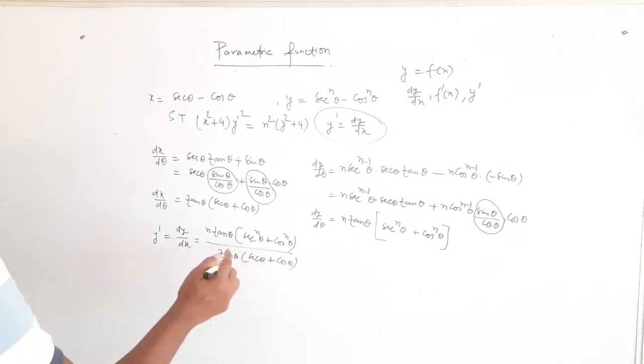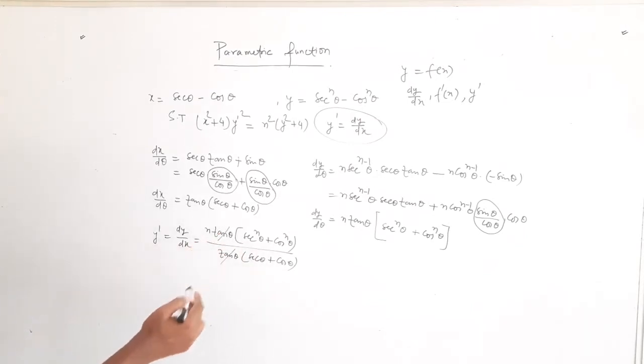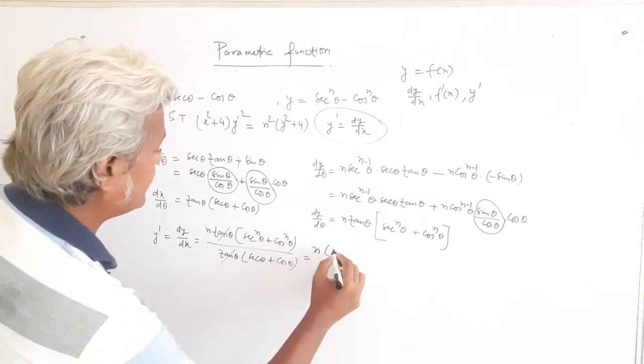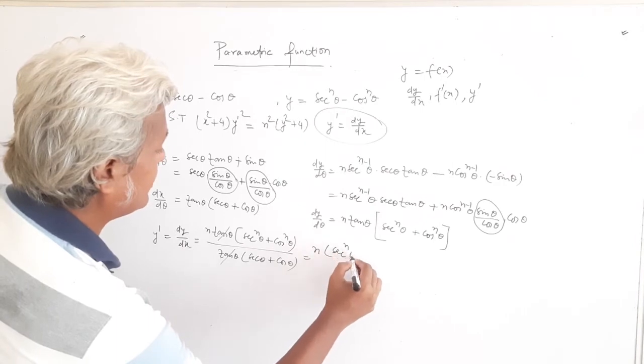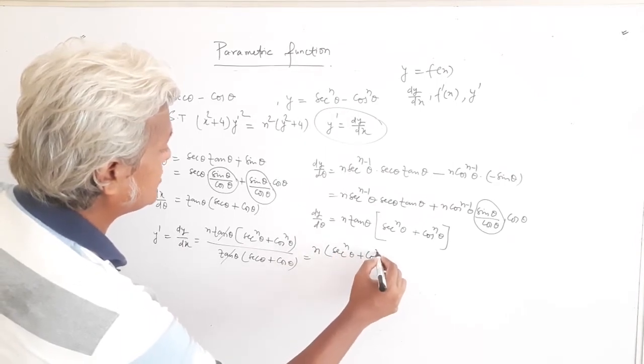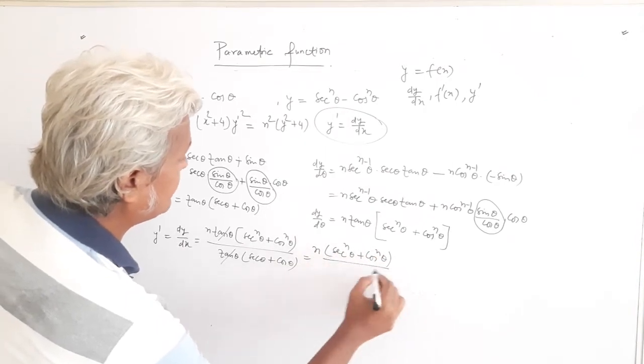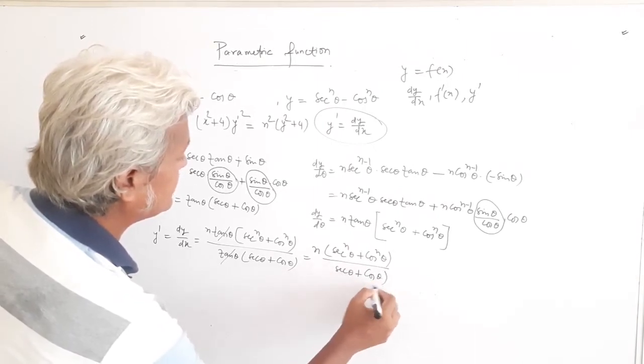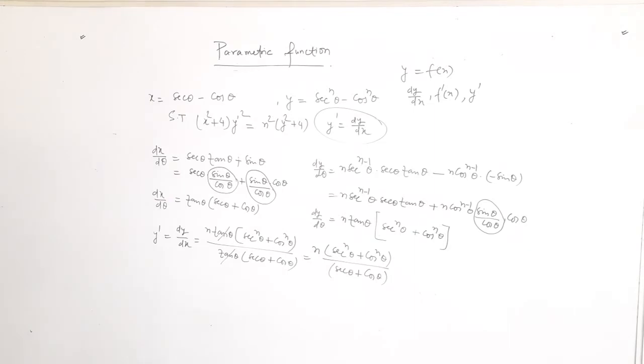Here the tan theta cancels, and you get n into sec to the power n theta plus cos to the power n theta, upon sec theta plus cos theta. This is the value of y dash.